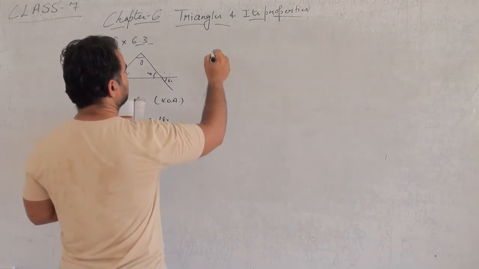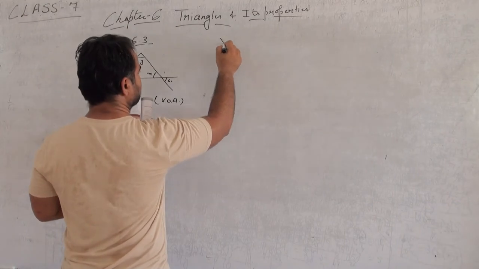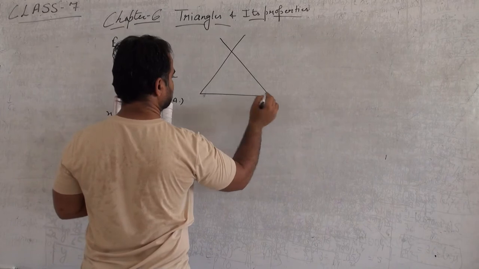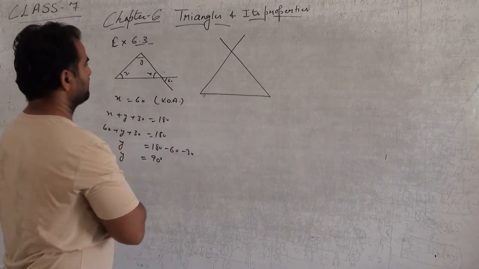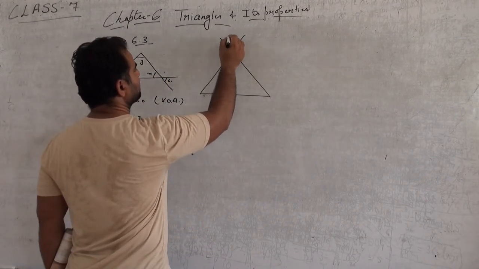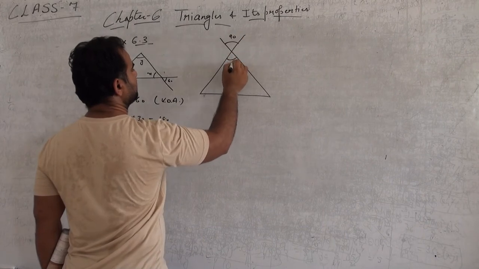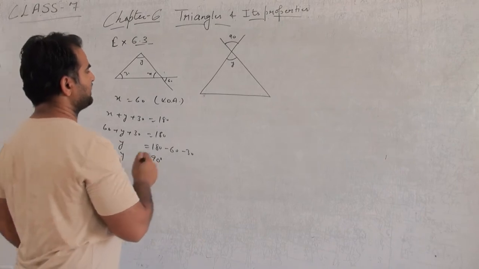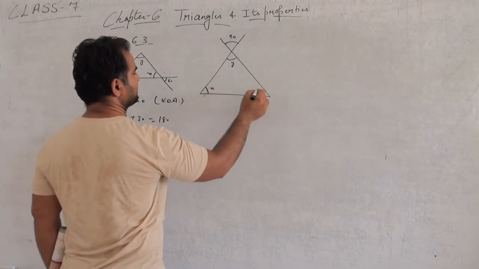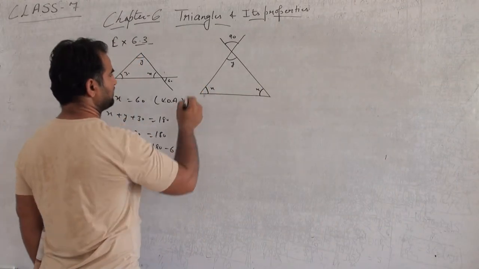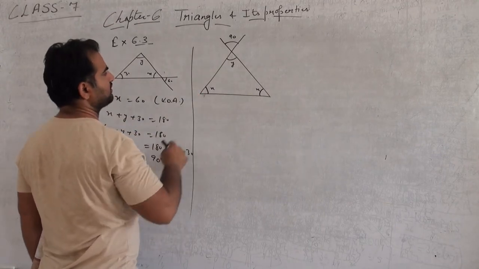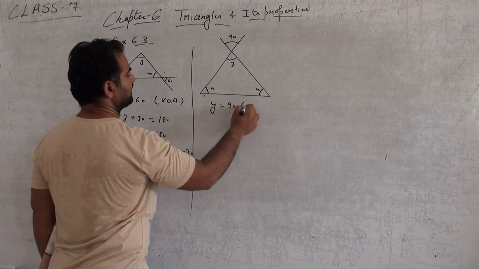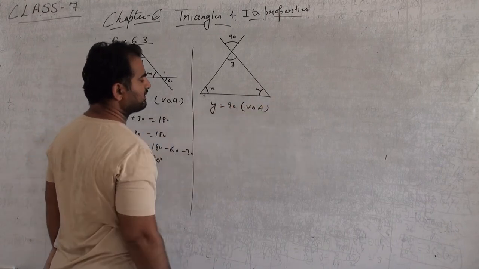Next, this one is y, then both of the angles are x and x. This one is x and this one is also x. Okay. So we know that y equals 90, bracket VOA, vertically opposite angle.